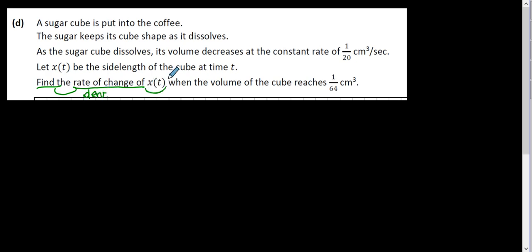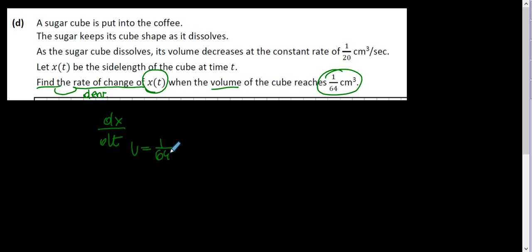Derivative of what? Of x(t). And not just find the derivative of x(t), we have to actually find the value of that rate of change when volume is 1/64. So I'm looking for a derivative of the x(t) function when volume is 1/64. Looks complex, but not really.